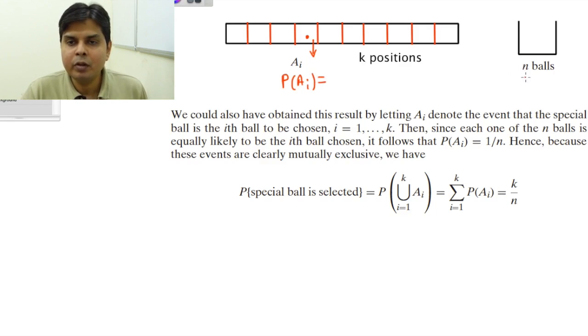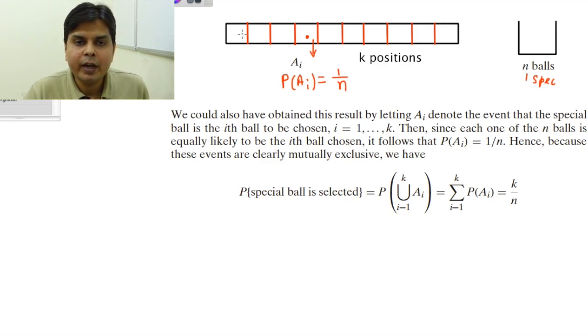Out of n balls, one ball is the special ball. So what will be the probability that the special ball will be given this coveted ith position? That will be 1 by n, because everything is equally probable here. So the probability that this special ball will occupy the ith position is 1 by n.